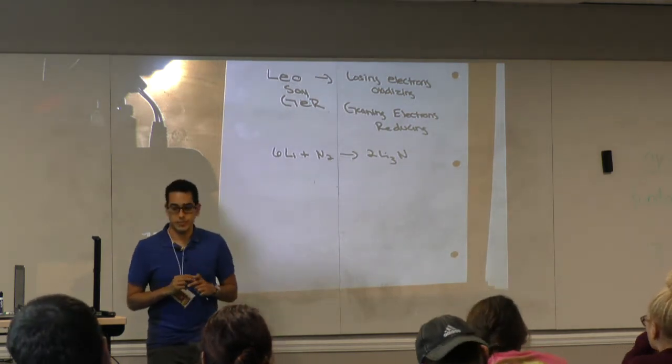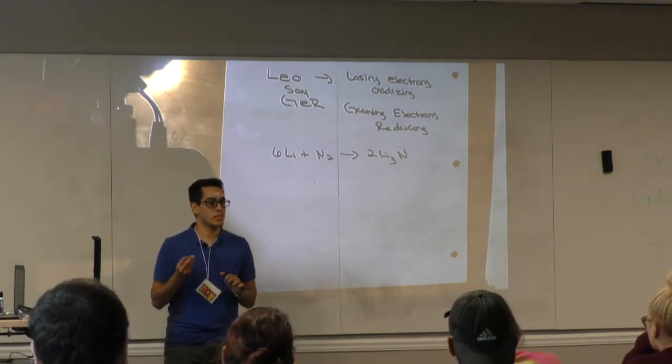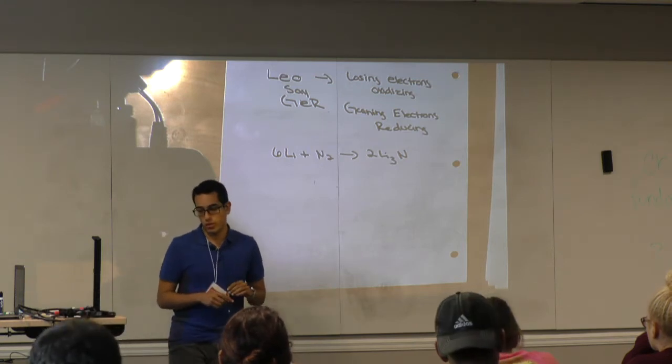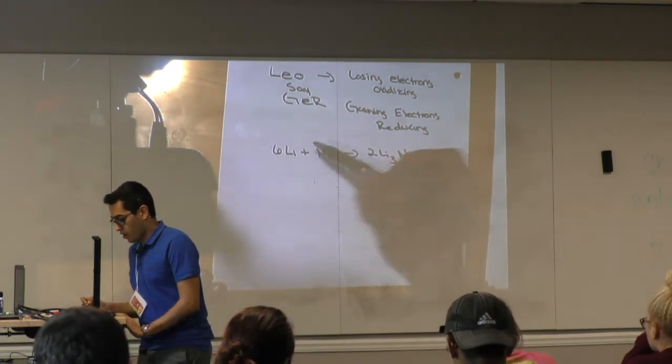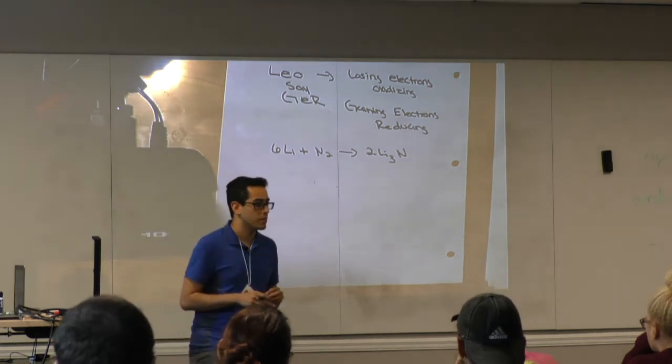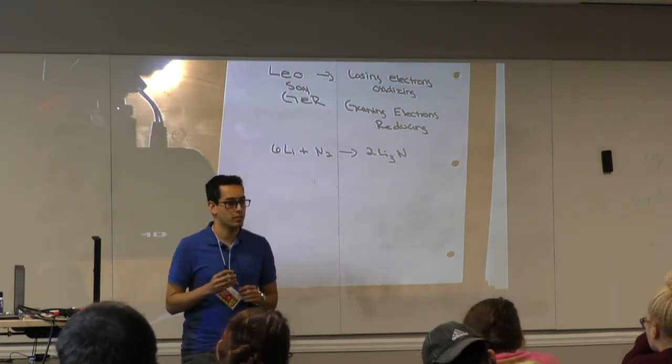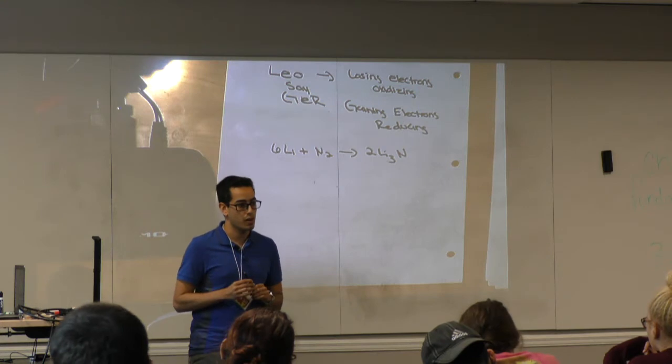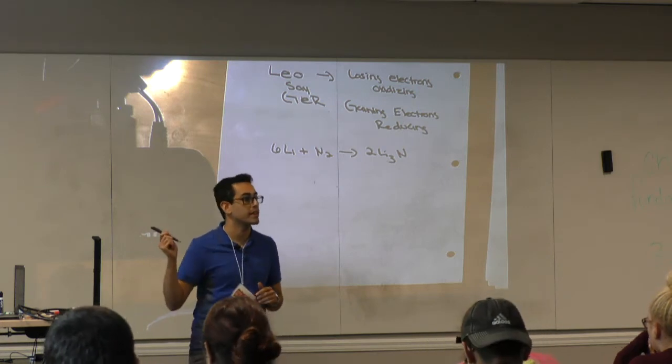So here, you have to go by explicitly what it tells you. Here, you would know that lithium is usually what? What's the charge on lithium? Yeah, +1. But in this case, it's neutral because it's not dictated to you otherwise.